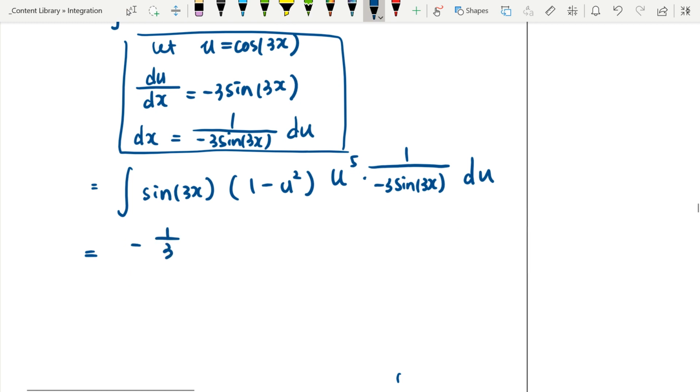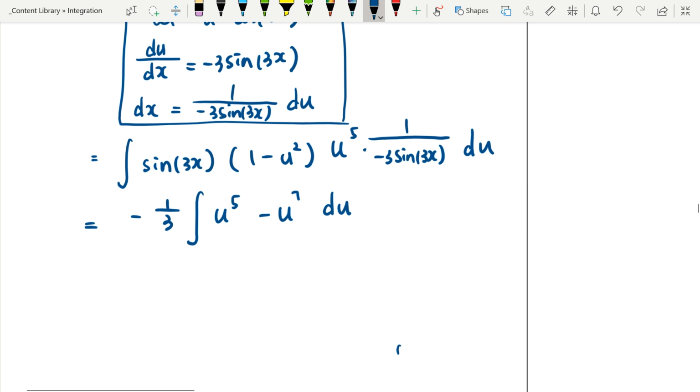Just take minus a third out, and that's u to the power 5 minus u to the power 7 of du. So that's 1 over 6 u to the power 6 minus 1 over 8 u to the power 8 plus c.